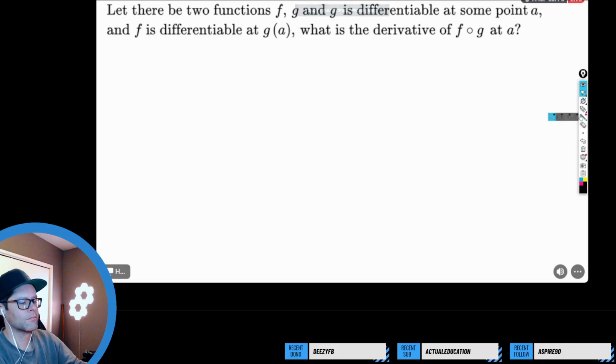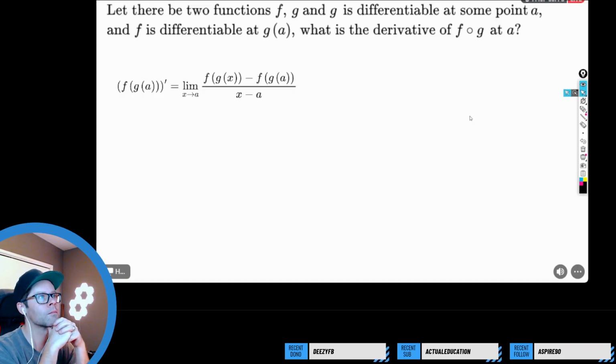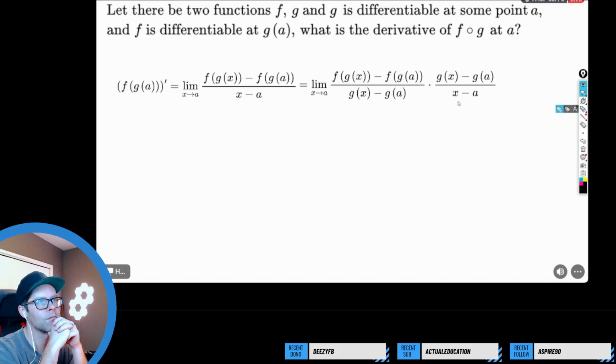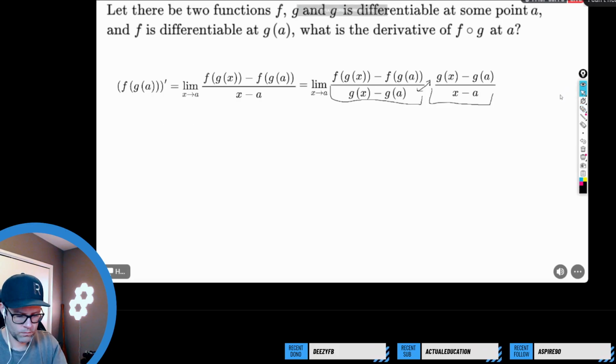Now there is the chain rule. Now the chain rule is a little bit more complicated because we can't just go at it, but if we try to just find it, we can see that in here we can multiply and divide by g of x minus g of a, and we can see that both of these look very much like derivatives, and in fact they are, and we get to this.